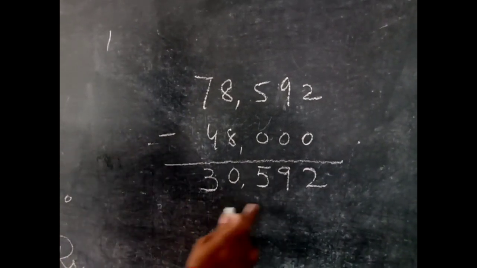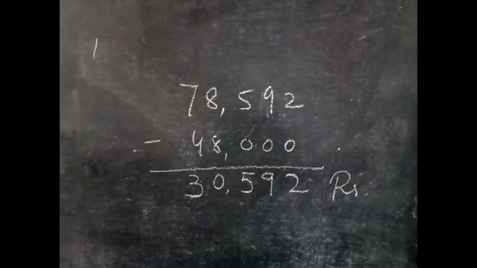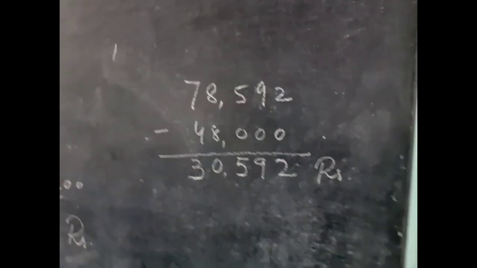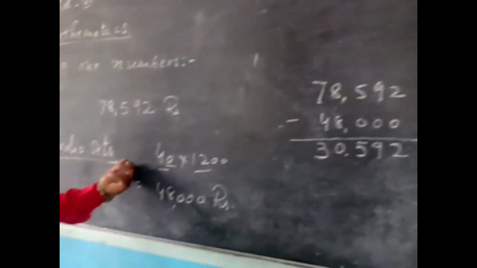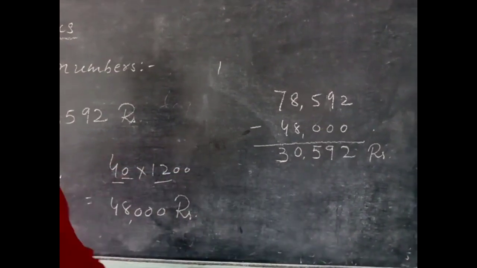So 30,590 rupees remain with her at the end of the deal. Got it? So first of all, what do we have to do? Multiplication, and then after that the subtraction. So we come to know how much amount remains with her.